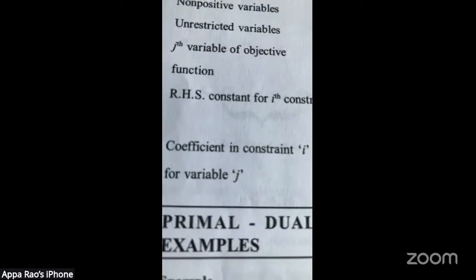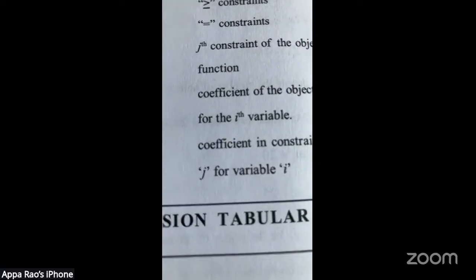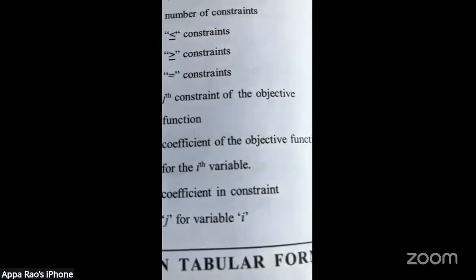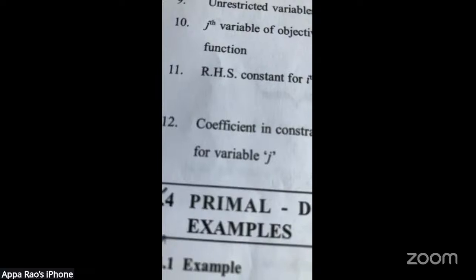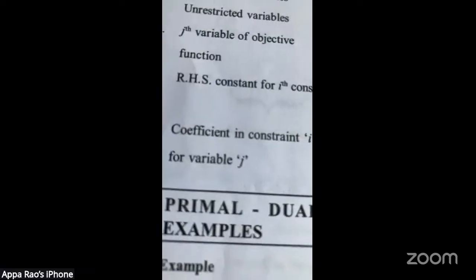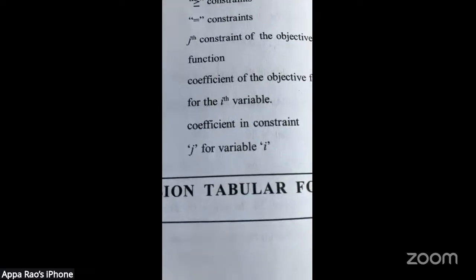So here, the jth variable's coefficient in the objective function, and the RHS constant for the ith constraint.